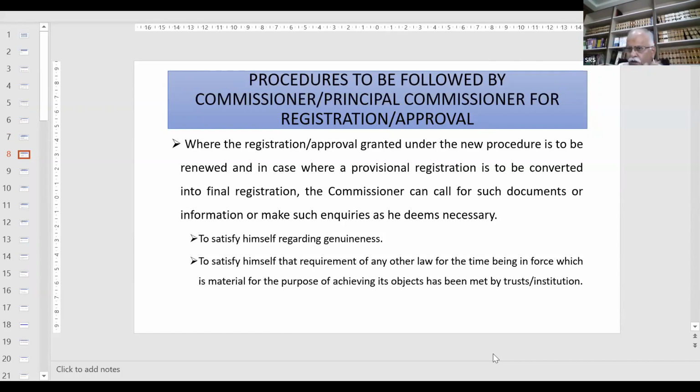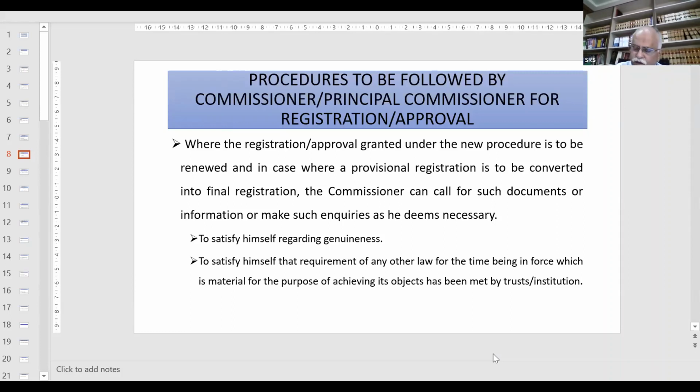Contrast it with the earlier one. Existing registered trusts making an application for renewal for the first time on or before 31st March 2022, the approval is automatic. But any renewal thereafter, or in a case of conversion of a provisional registration into a final registration, the commissioner has got certain powers.